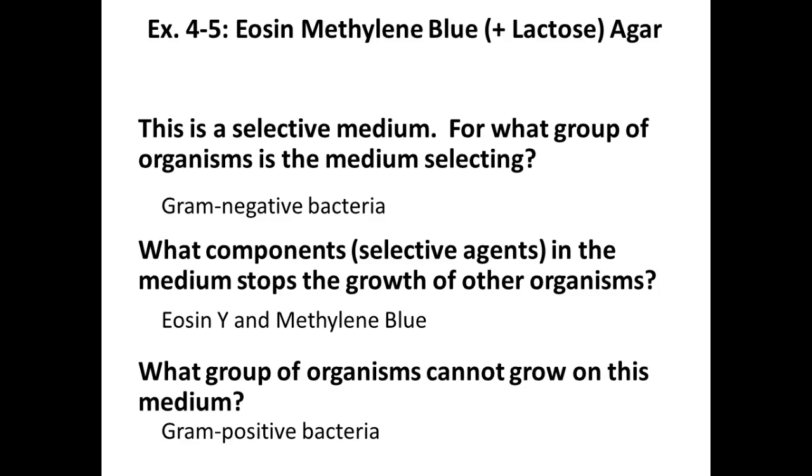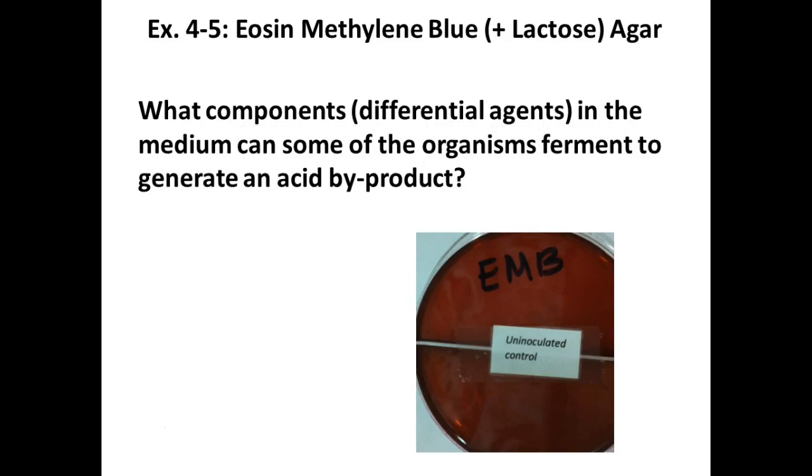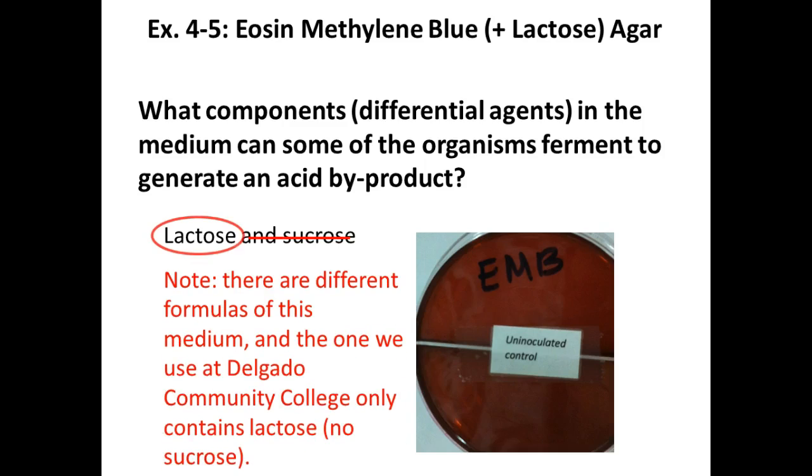So coliforms are gram-negative, right? So we want gram-negatives to grow. So what component is the differential agent? What are they going to change? What are they going to eat? What are they going to ferment? The sugar. What's the sugar in these plates? Lactose or sucrose? The formula that we use in lab only contains lactose.